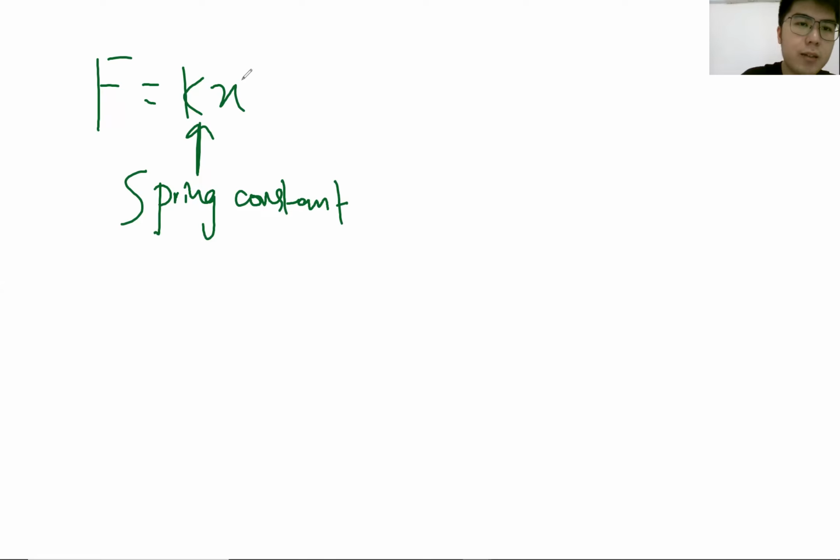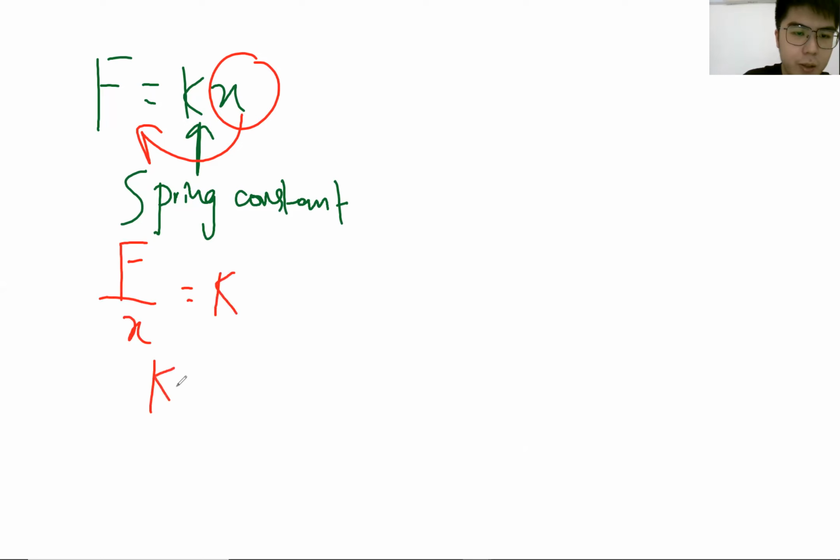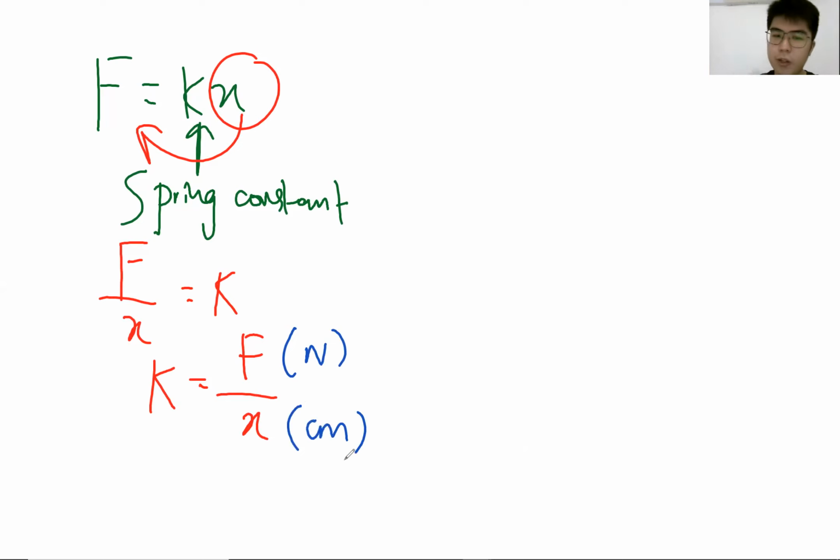We use the mathematical equation to understand it. If you move x over here, you get F over x equals k, so k equals F divided by x. The unit for F is Newton, and for extension x we usually use cm. You can use m also, nothing wrong with that. So the unit is N per cm.